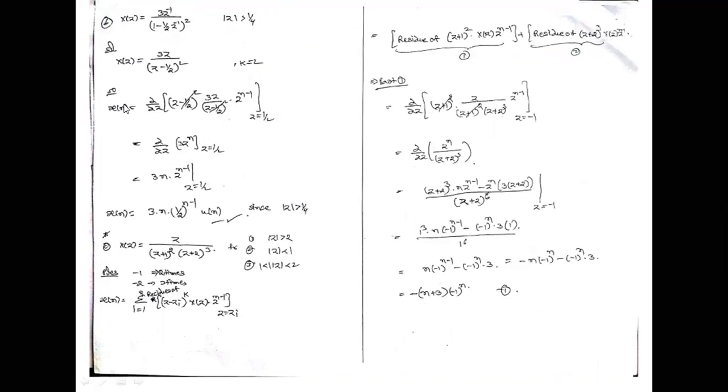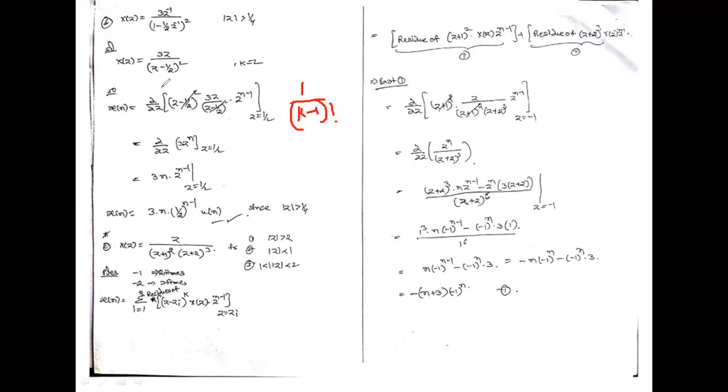So no need to write the 1 by k minus 1 factorial. Actually the value is 1 by k minus 1 factorial, where k is 2, so 2 minus 1 factorial is 1 factorial, no need of writing this.